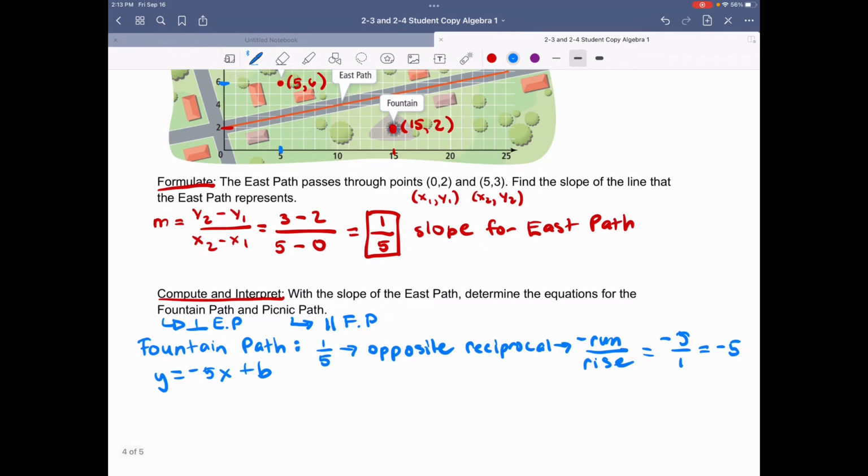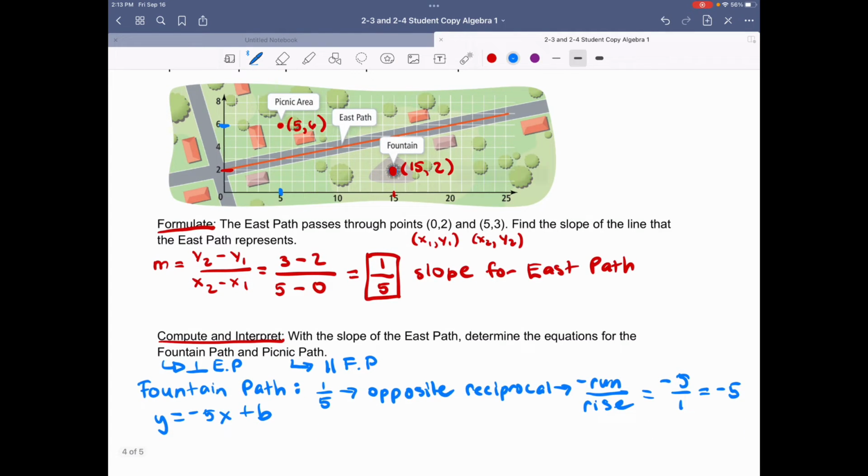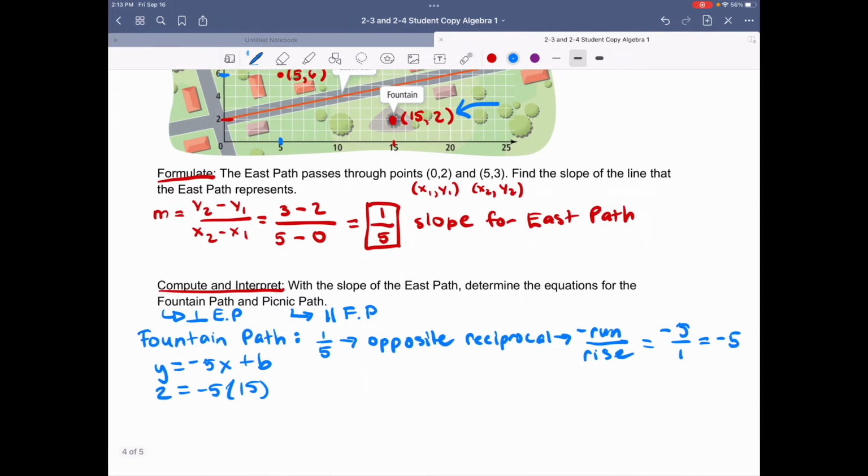And now we remember that it needs to lead to the fountain over here. And the coordinate point was 15, 2, so we can put in 2 for y and 15 for x, so that we can find the y-intercept, or the b. 2 equals minus 5 times 15.